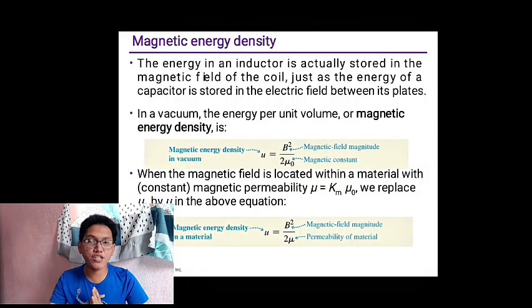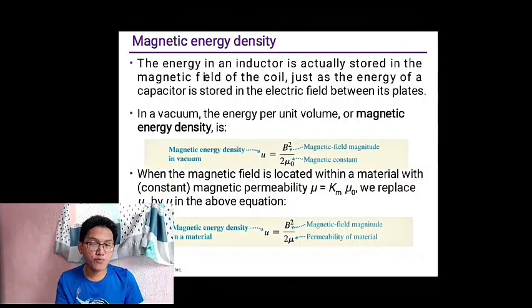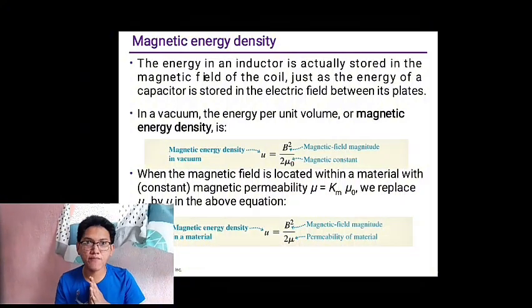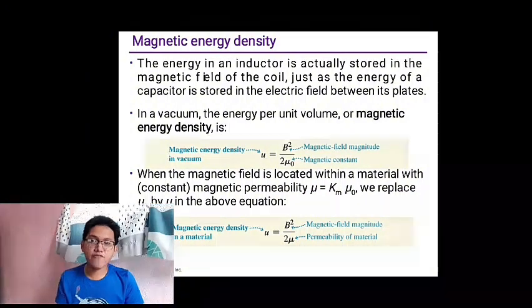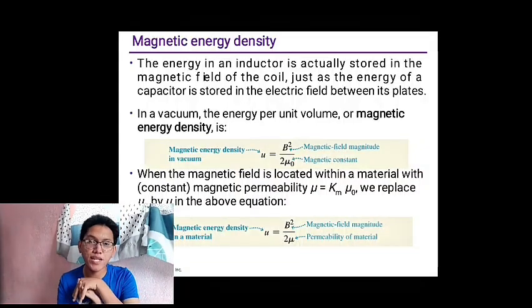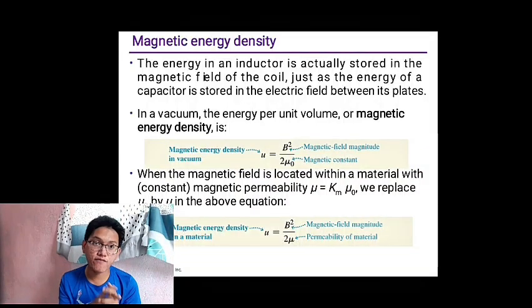The magnetic energy density, or energy per unit volume, in a vacuum is given by du equal to the magnetic field squared over two times the permeability of free space. If the magnetic field is inside a material, we replace the permeability of free space with the permeability of the material, mu itself.